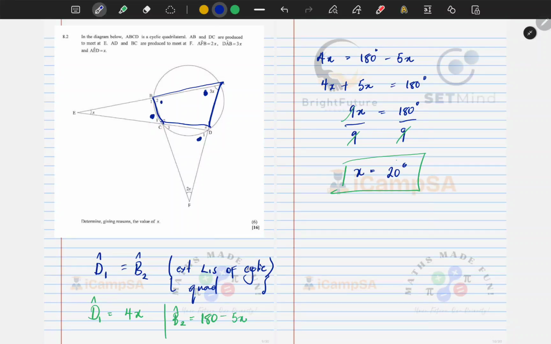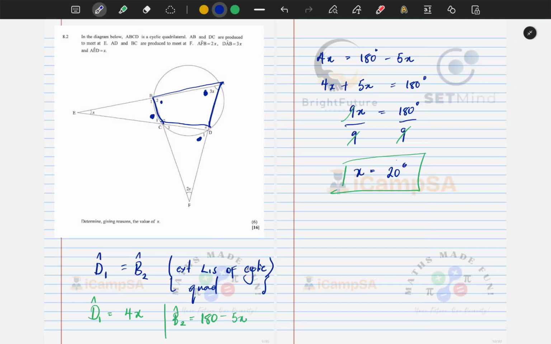So I'm going to challenge you to do it with the other approach, right? But this is the first approach. It's not really complex. For the second approach, you're just going to say C1 is equal to 3x, and then you also find B2, right? B2 was going to be very easy. We have to find B2.